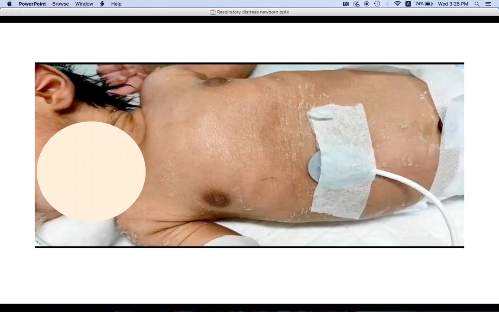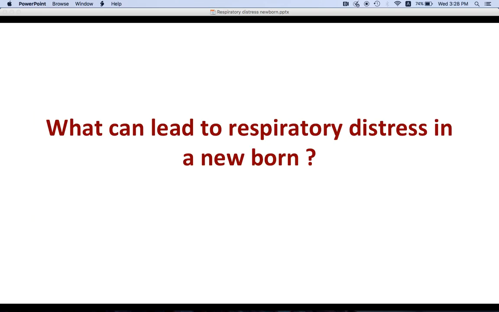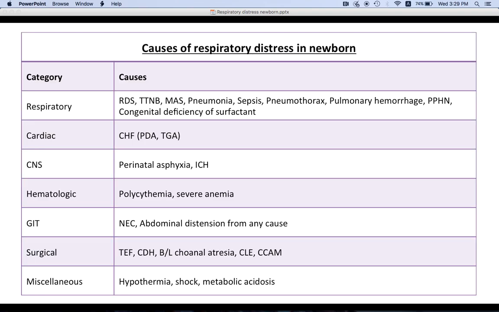Now the question is, what can lead to respiratory distress in a newborn? Although respiratory or pulmonary causes are responsible for the majority of respiratory distress in a newborn, other systems may also be involved.